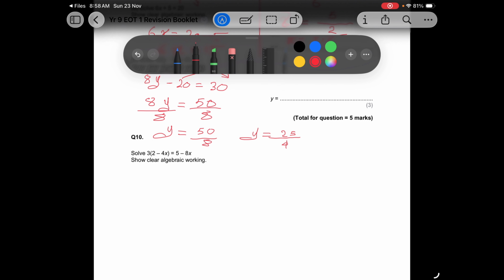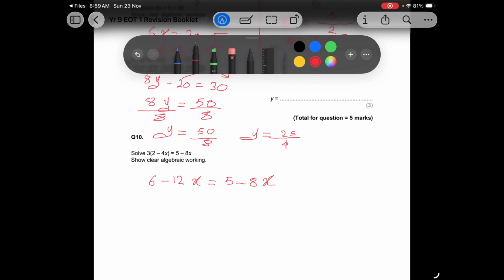Here, guys, we will expand the left hand. So it will be 6 minus 3 times 4x, 12x, equals 5 minus 8x. Then collect all x's to the left. Okay.